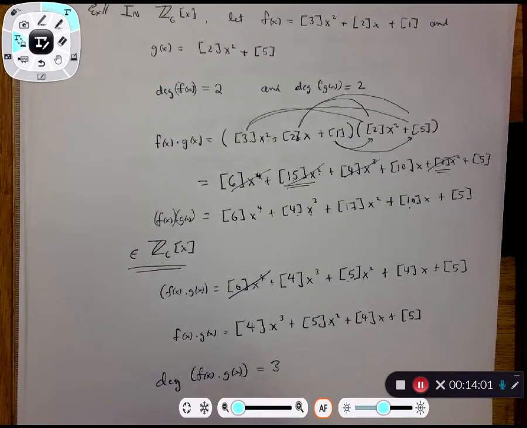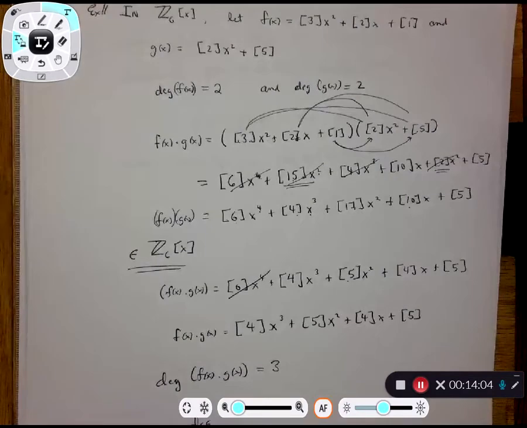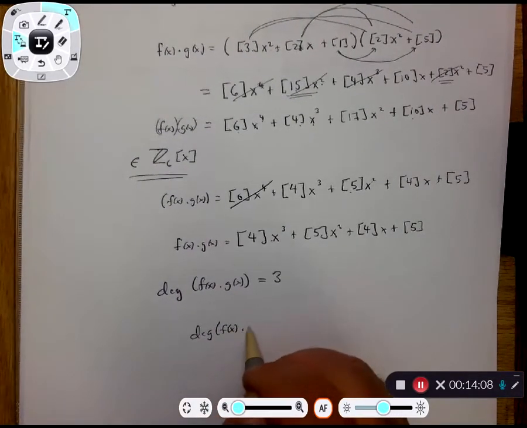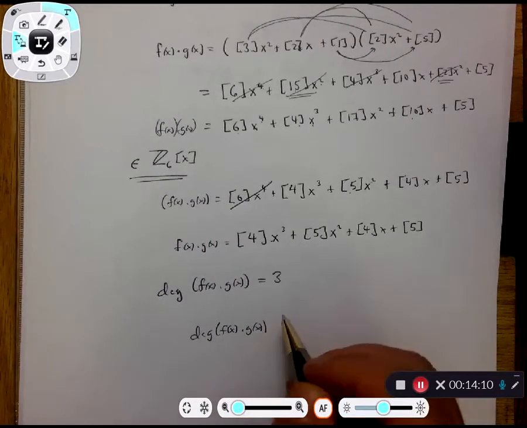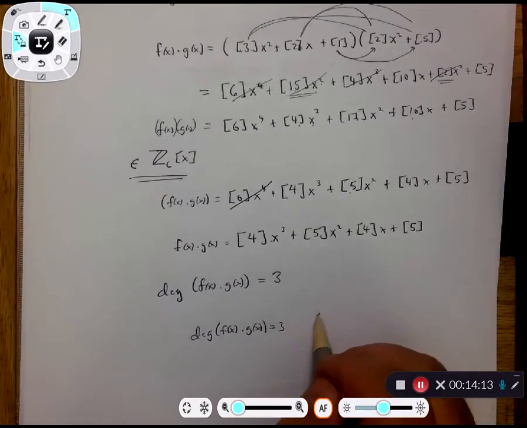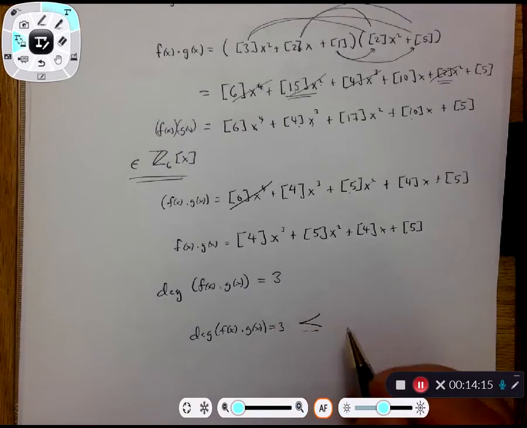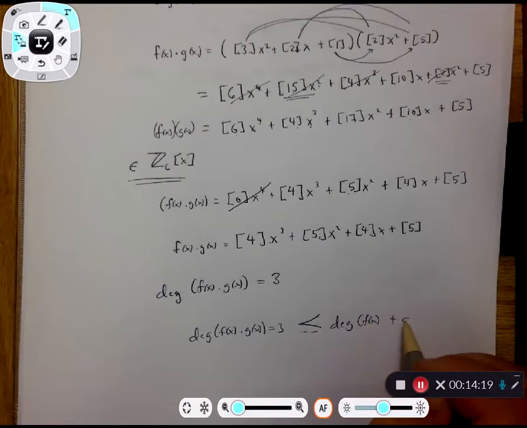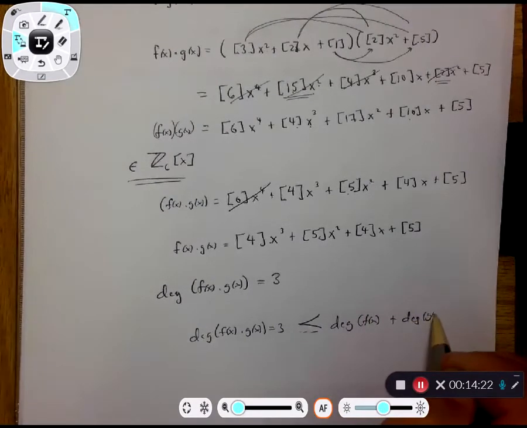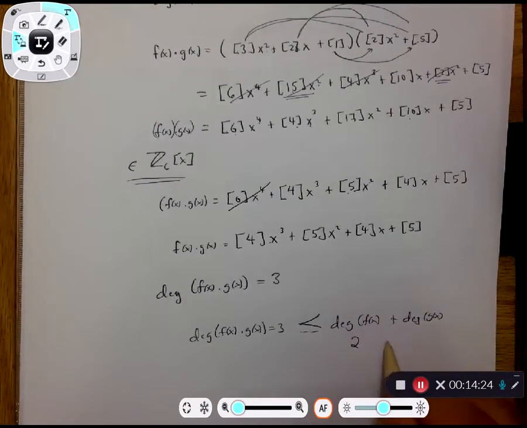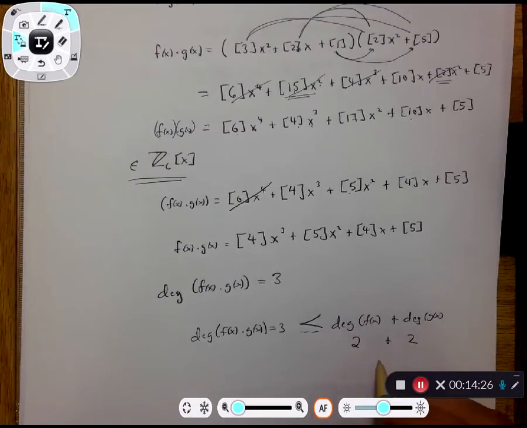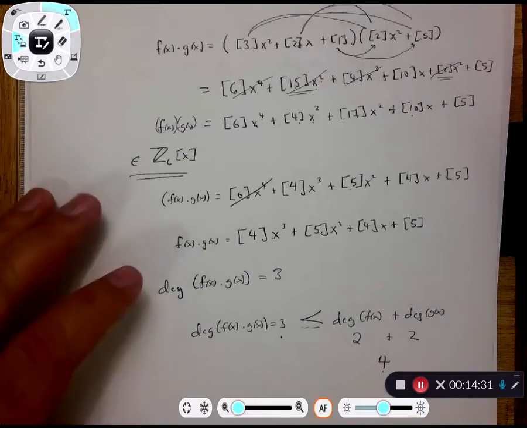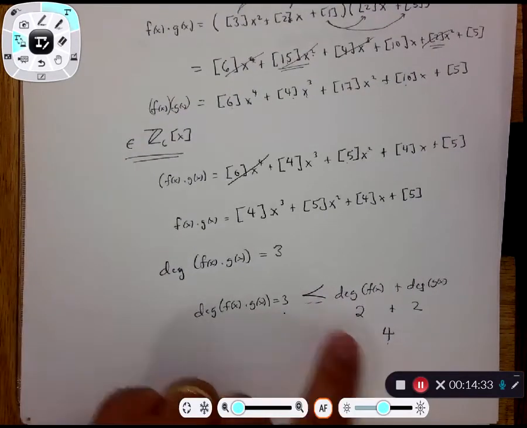And you'll notice that the degree of f of x times g of x, which is 3, is less than the degree of f of x plus the degree of g of x, because the degree of f of x was 2 plus the degree of g of x is 2, and that's 4. 3 is less than 4. You'll never get greater than on the product, but it'll be less than or equal to.